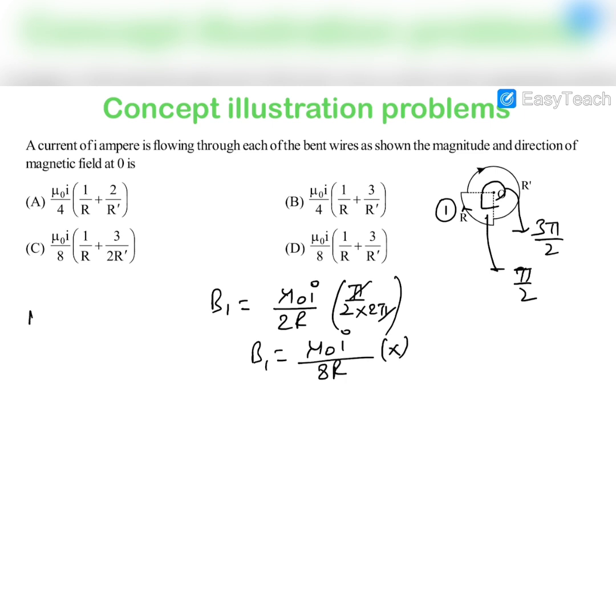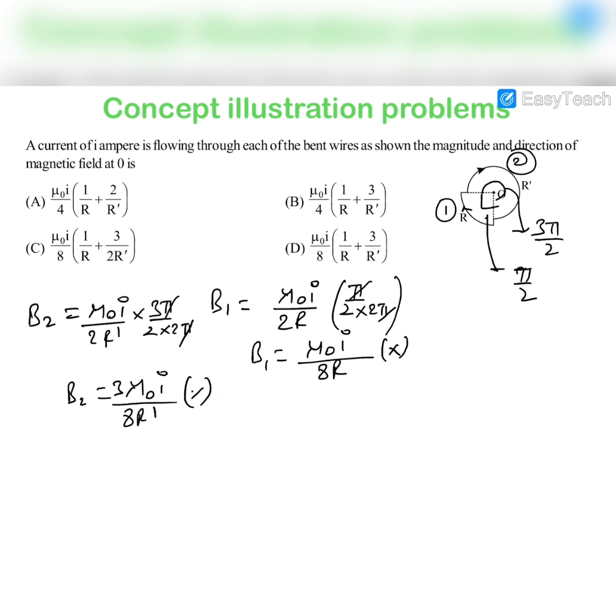And B2 is the magnetic field due to the second wire, and B2 will be mu naught I by 2r dash, and the angle is 3 pi by 2 upon 2 pi. So it would be 3 mu naught I by 8 r dash, and again the direction of B2 will also be inside the plane.